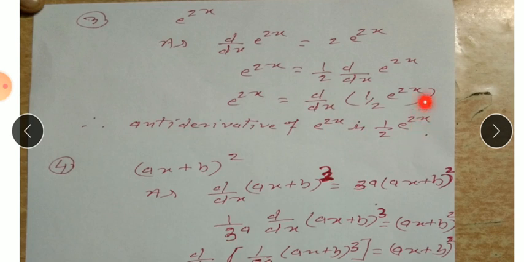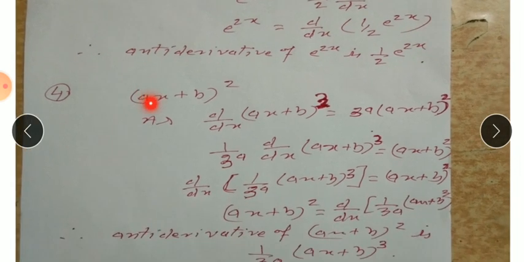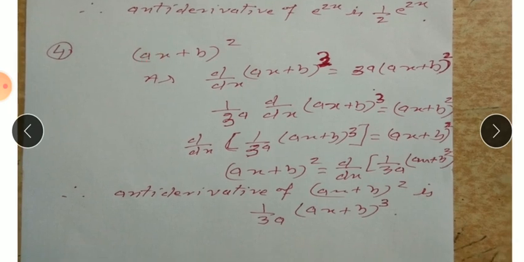Refer question number 4. ax plus b whole square. Means we want to integrate ax plus b whole square by the method of inspection, not by direct integration.